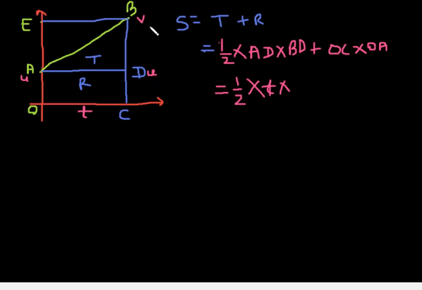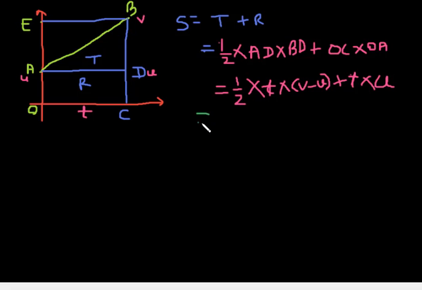So BD is nothing but V minus U. Plus OC, which again is time T, into OA. What is OA? OA is nothing but the initial velocity, that is U.